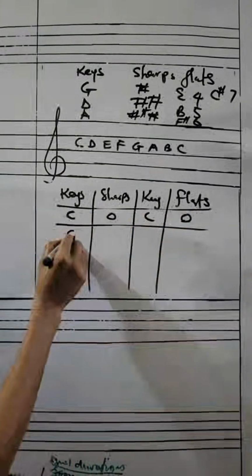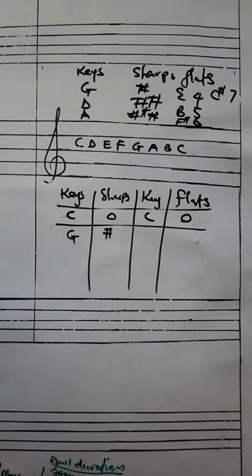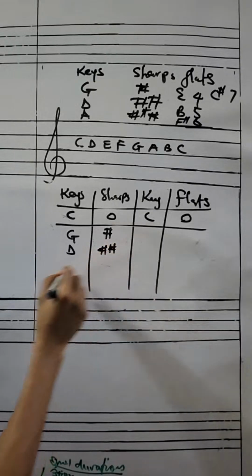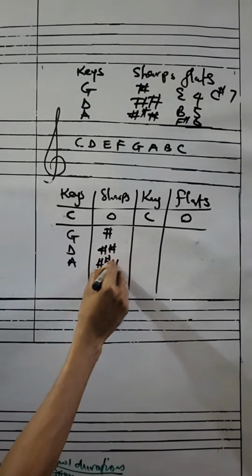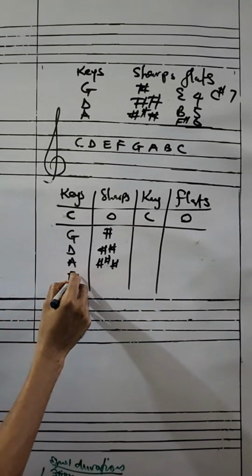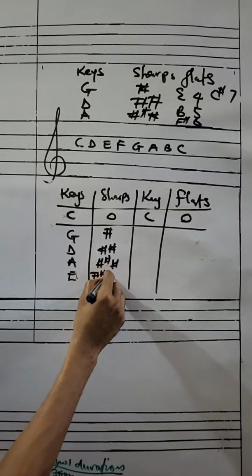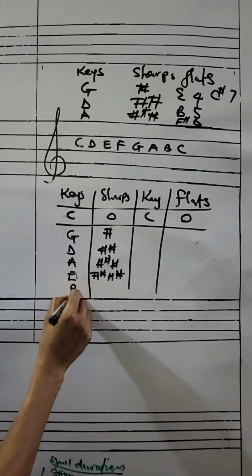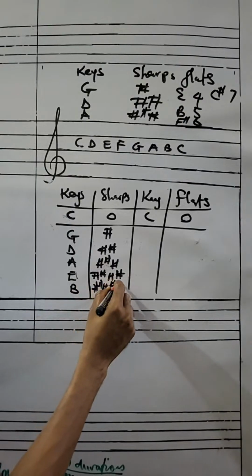So my G 1 sharp, my D 2 sharps, A 3 sharps, E 4 sharps, B 5 sharps, 3, 4, 5.